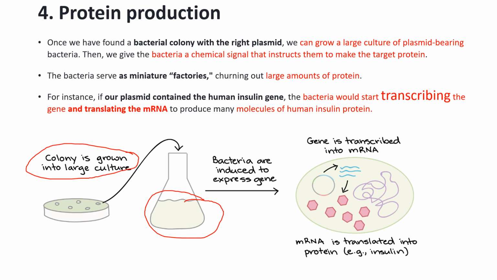What is this gene, for instance? Let's say the human insulin gene. So when the bacteria are chemically induced to express the gene, remember, this is the plasmid that carries your DNA of interest. The plasmid, which is the DNA, undergoes transcription.